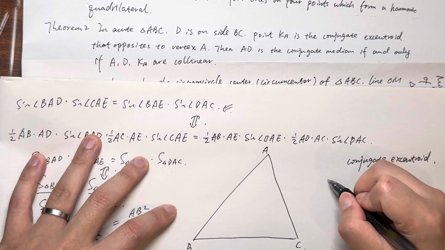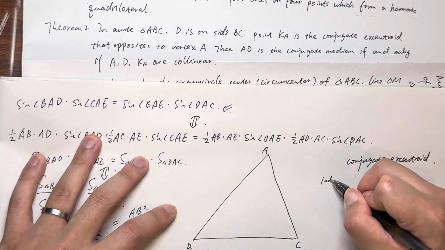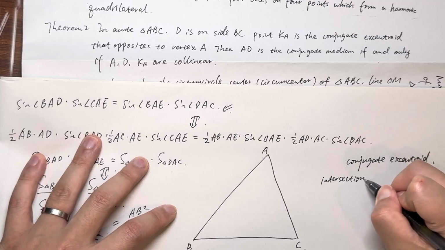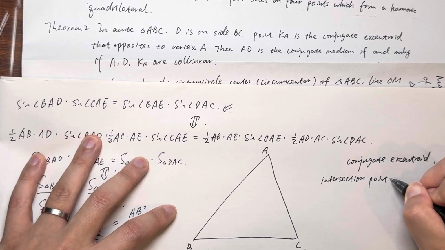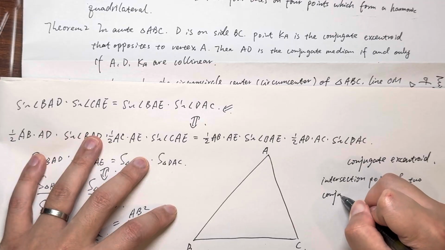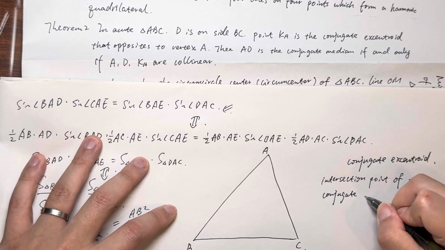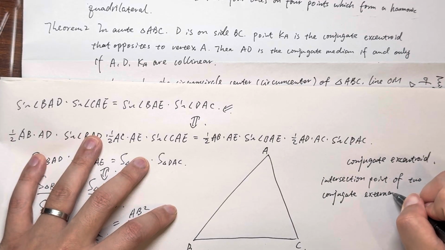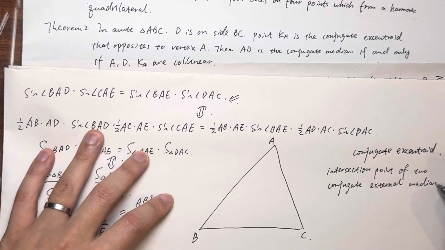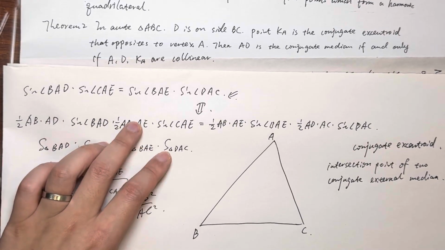The intersection point of two conjugate external medians, right?